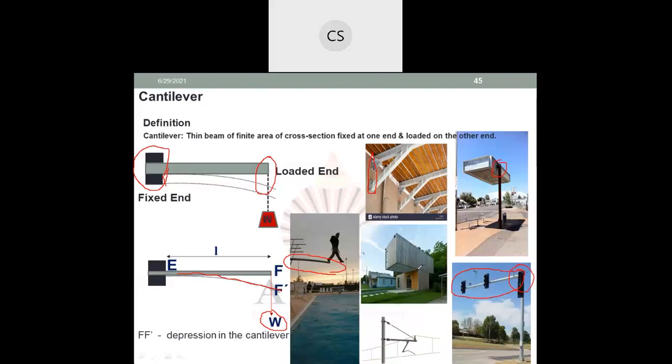Again here you can see a cantilever, one end fixed and the other end loaded. This is one more example, the electric post of the railway electric line. Again this connecting part involves a cantilever, and here one more cantilever. So you can see multiple cantilevers. Is it okay, Rahul?